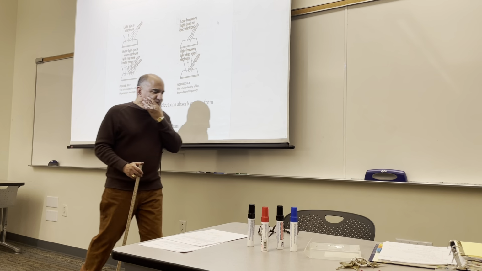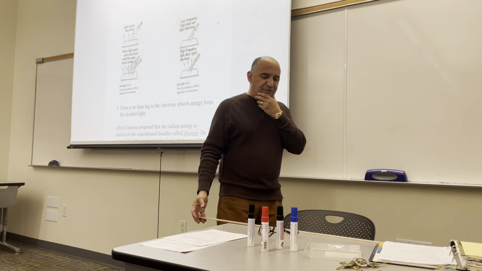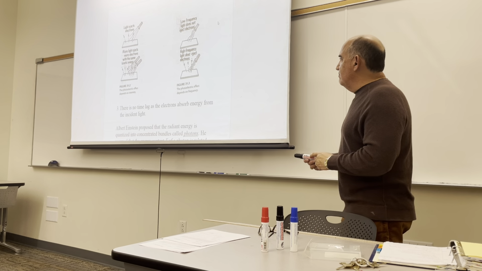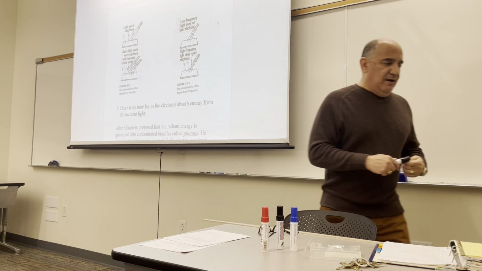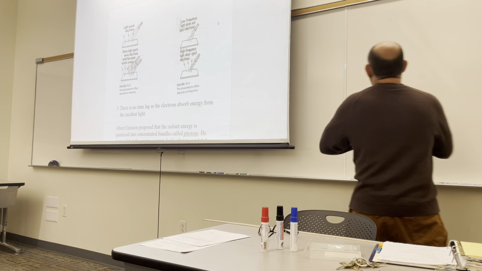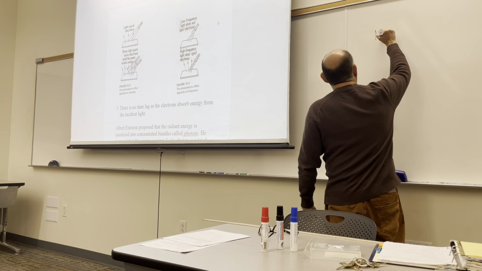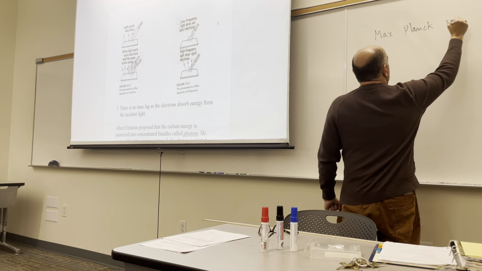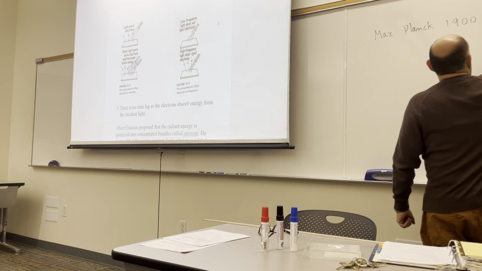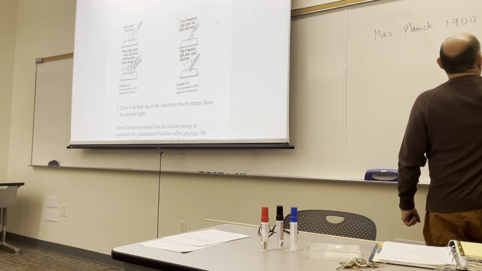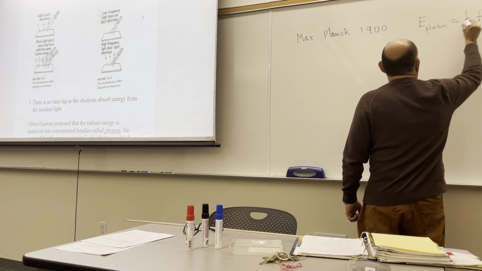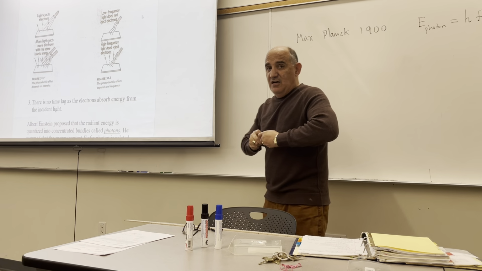In 1905, Einstein said, I'm going to borrow that result from Max Planck. Max Planck, in the year 1900, wrote this equation: the energy of a photon is proportional to the frequency of the photon, and the constant of proportionality became known as Planck's constant.